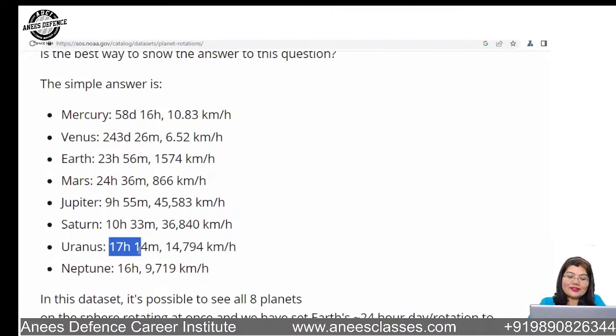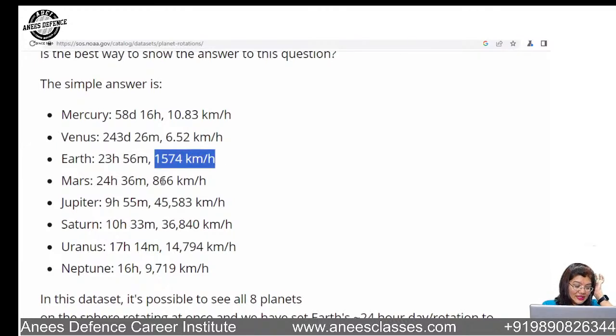So we say that it is the outer planets that have the fastest rotational speeds. Now let's come to the inner planets. Among the inner planets, Earth takes the least amount of time to complete one entire day, and that is why its speed happens to be a little faster.